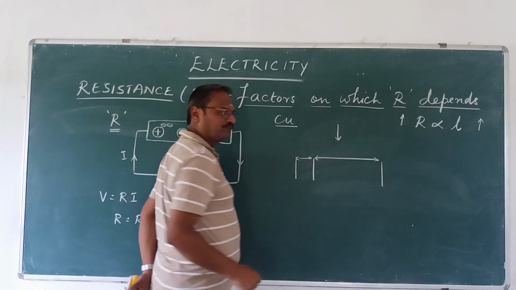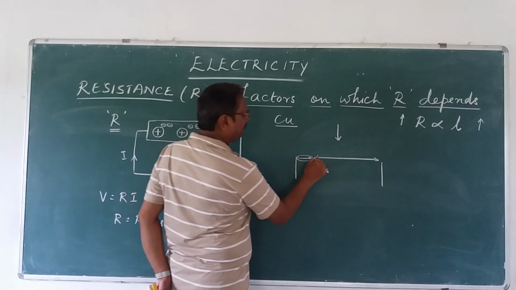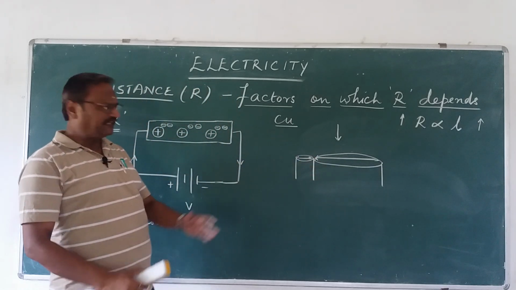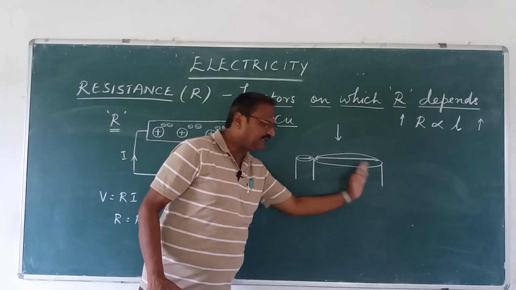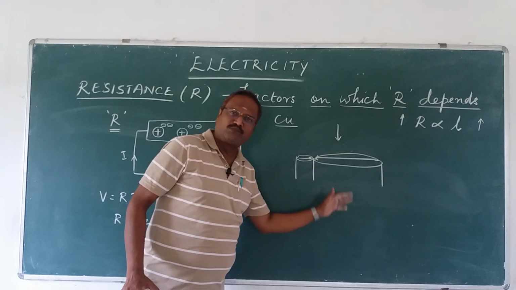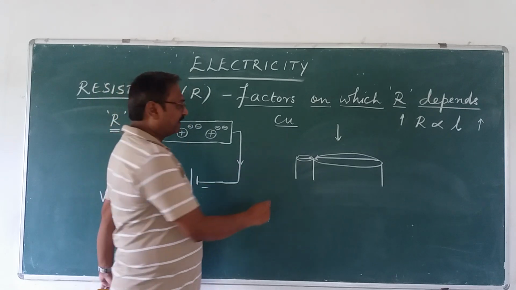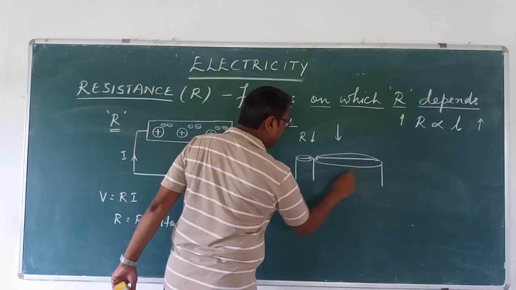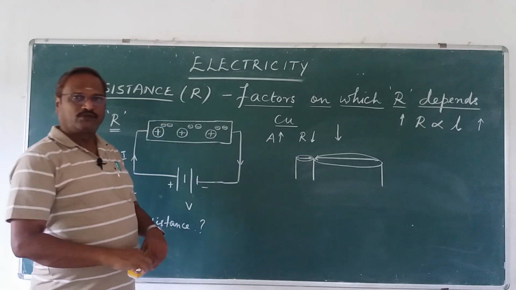Will you prefer the smaller gate, or will you prefer the larger gate? The convenience is the larger gate, because with more space area you will be able to move freely. That means the resistance is less. The more the area, the less the resistance.